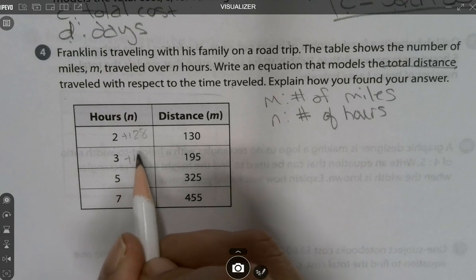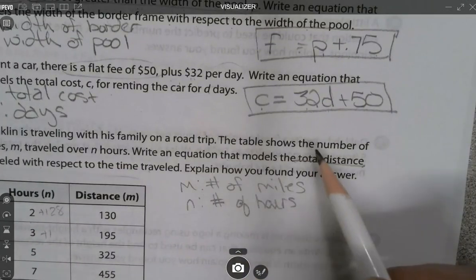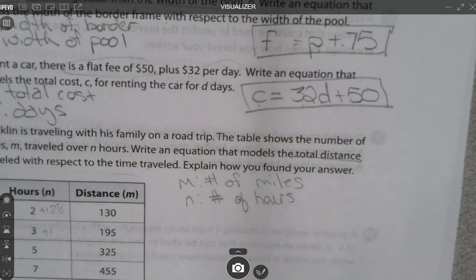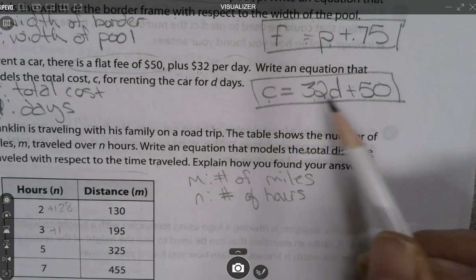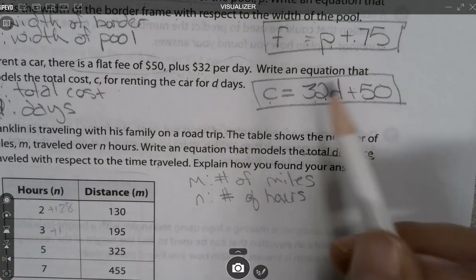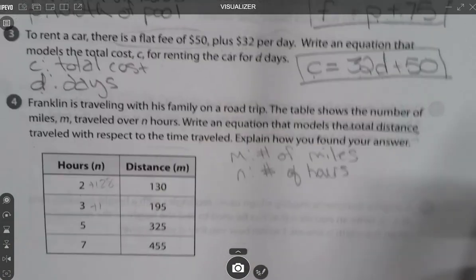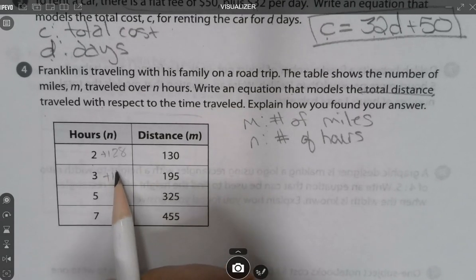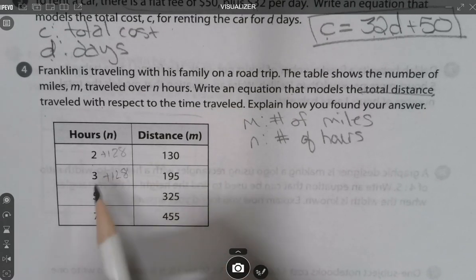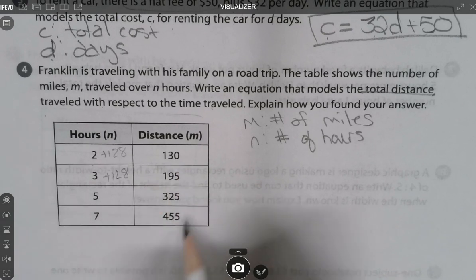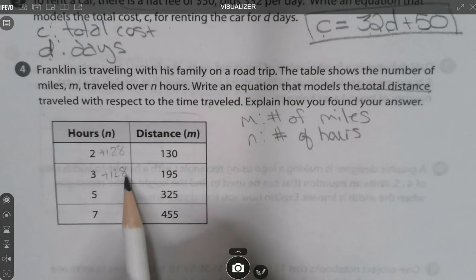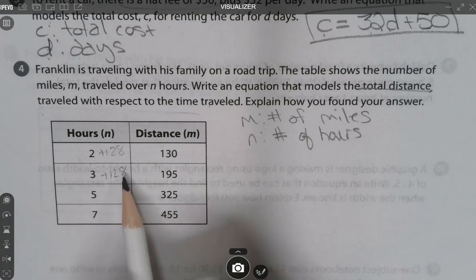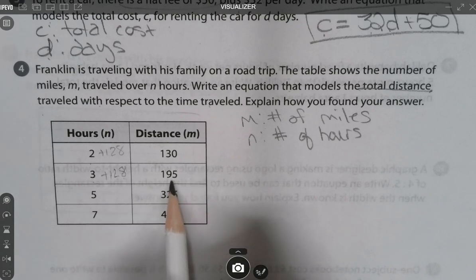But remember, I have to be able to plug in any number, and it always give me the same ratio or the same result that I would get in any number that I plug in. So if I'm adding 128 here, I should be able to add 128 to each of these and get the distance. Well, if I say 128 plus 3, is that going to give me 195?